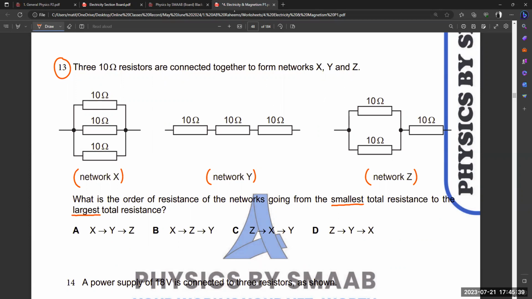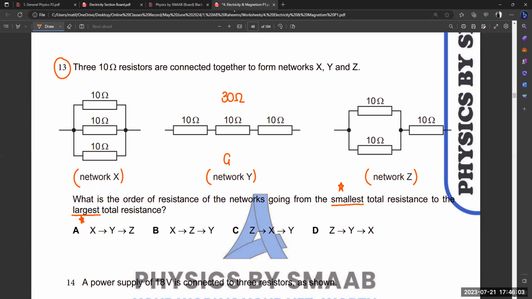Which one is the smallest and which one is the largest? So you know that in series combination, this will be the greatest one, the 30 ohms. So this is the greatest one and it will be in your last option. And what about X?